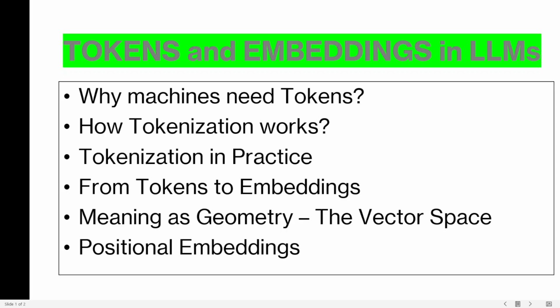Embeddings beyond LLMs. It's worth noting that embeddings are useful far beyond text generation. Embedding models are used specifically to convert text into vectors. They are used in semantic search, finding documents by meaning, in retrieval augmented generation (RAG), giving LLMs relevant context, clustering and classification, recommendation systems, and detecting similar or duplicate content.